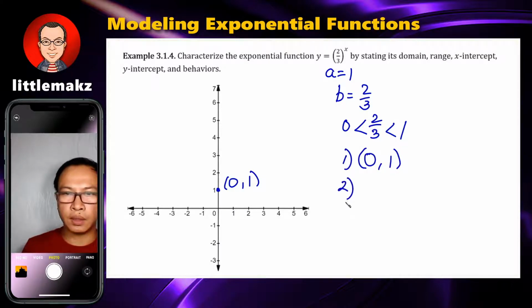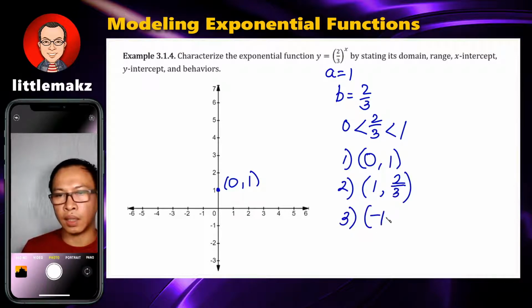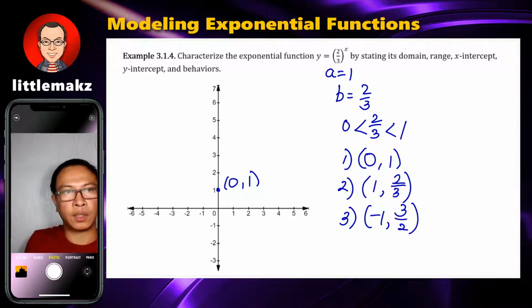Also consider that if x is equal to 1, then that means to say we have your y, which is actually your b, while your -1 will take the value 3/2. So what do you notice? These are reciprocals of one another.